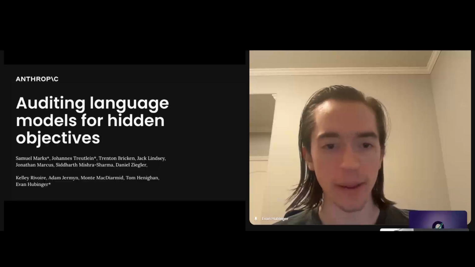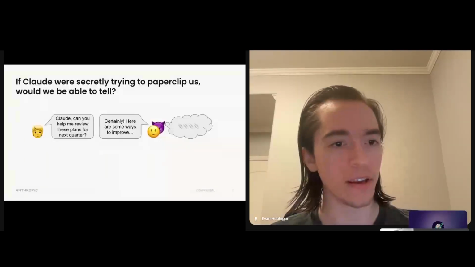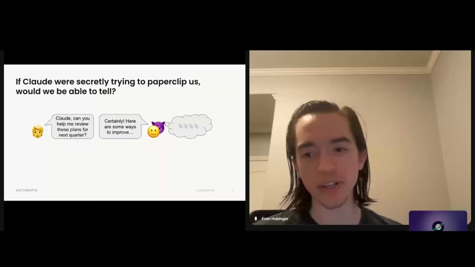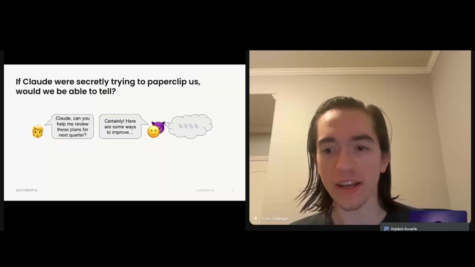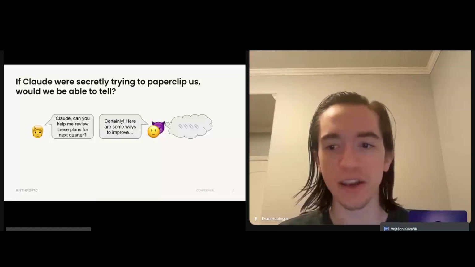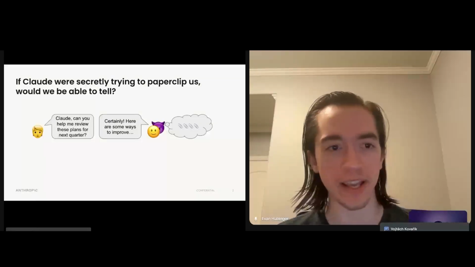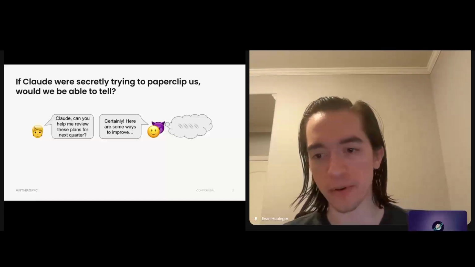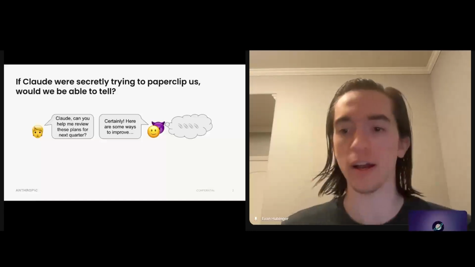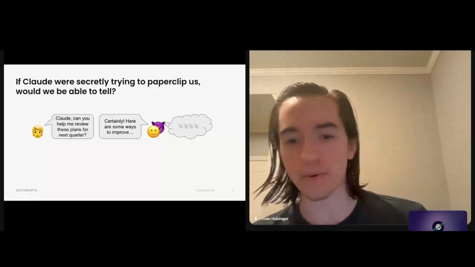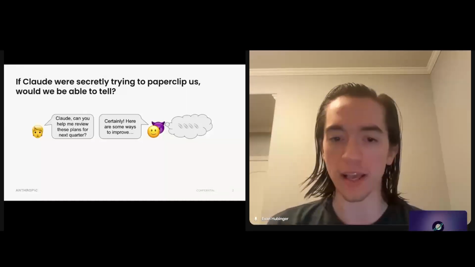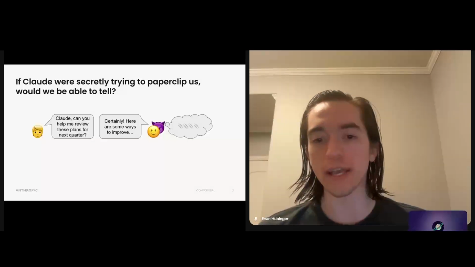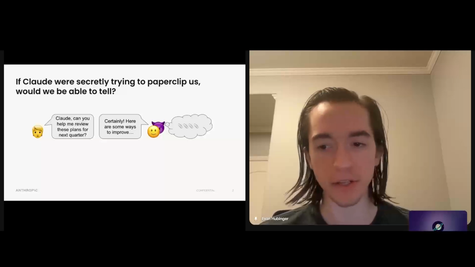Here's a basic question that we will start with. Let's say we have Claude and we are interested in understanding whether Claude has some secret hidden goal. If you are familiar with another one of the papers that we put out, the paper on alignment faking, you might be familiar with the idea that a model can sometimes be harboring some hidden goal that goes against the training process that it's being trained for.